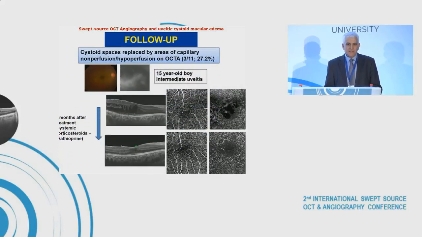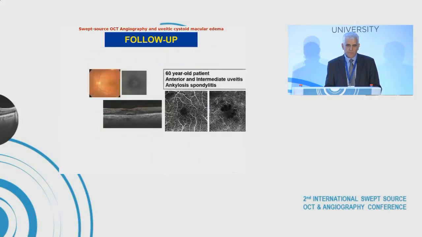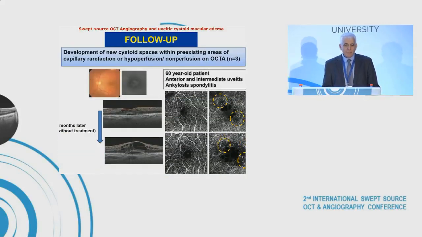Cystoid spaces are replaced by areas of capillary non-perfusion after resolution of cystoid macular edema on swept source OCT. Development of new cystoid spaces within pre-existing areas of capillary rarefaction and hypoperfusion in 3 eyes, as you can see in this case.